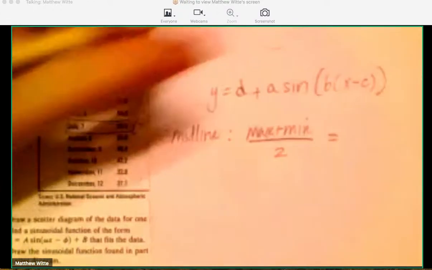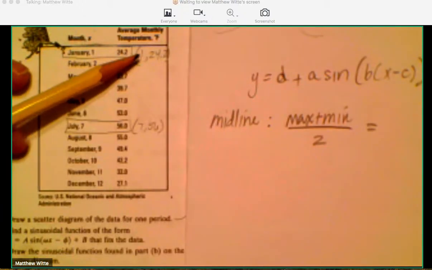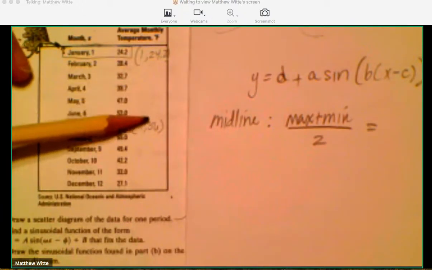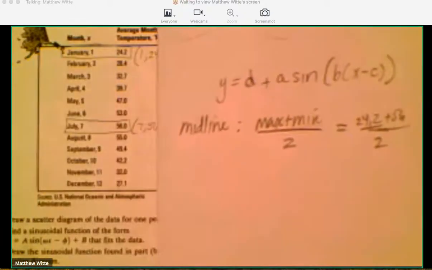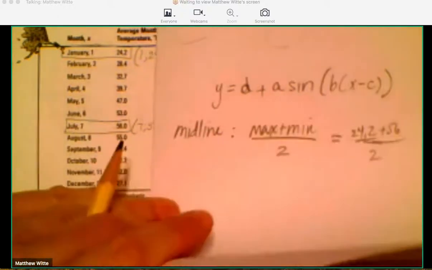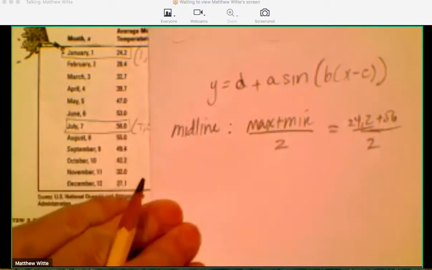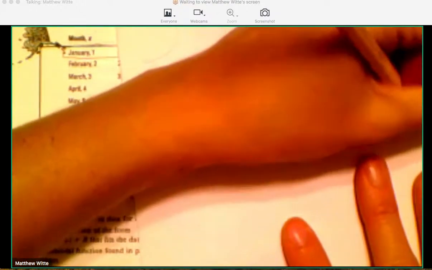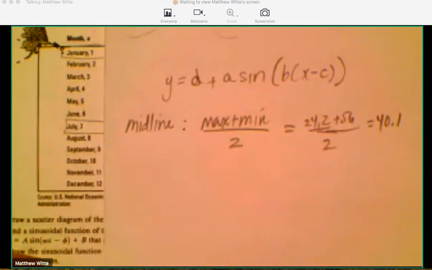So your midline, max plus min divided by 2. In this case, it's your actual max, so it's your Y values, 24.2 plus 56. And we're going to divide that by 2. And we get 40.1. So that's going to be your D. That's going to go right there, okay?